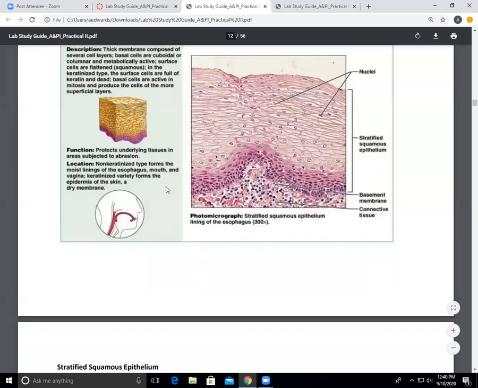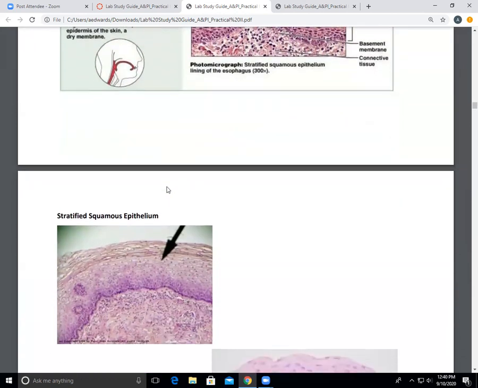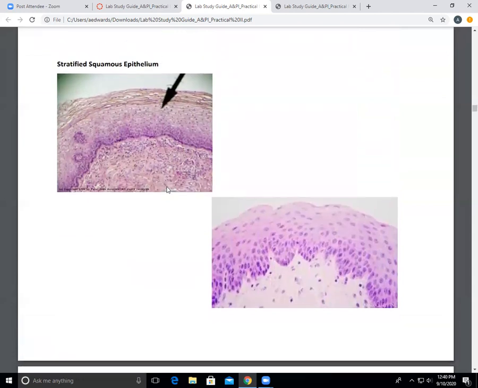You see these in the esophagus, the mouth, vagina, epidermis. Stratified squamous, another view of it. Multiple layers, flat cells at the apical surface.